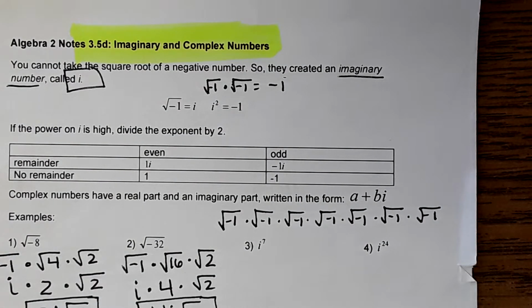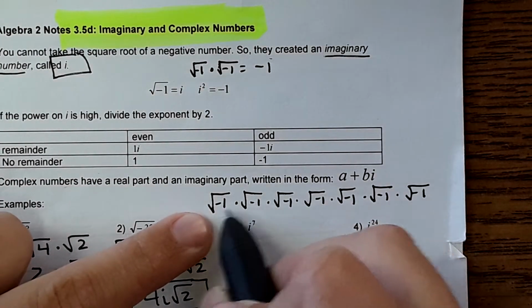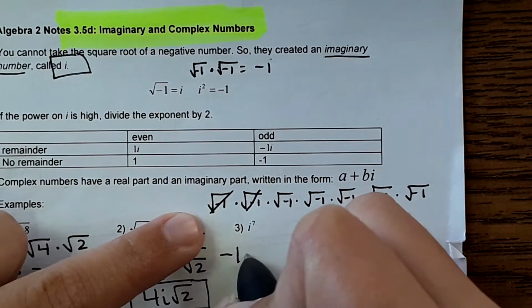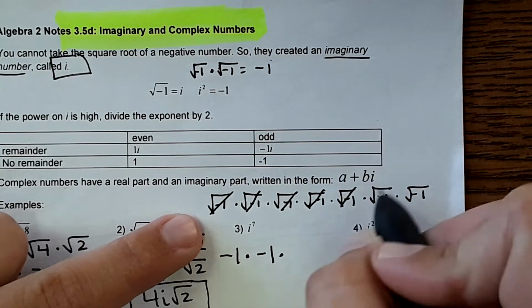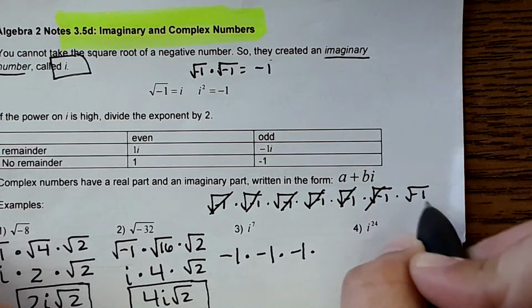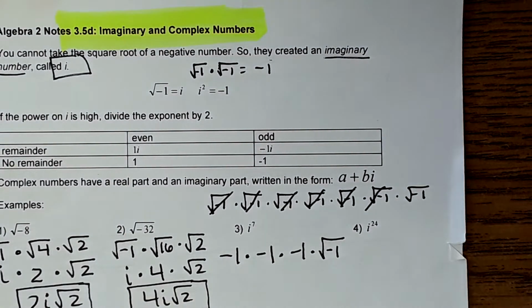Okay. So in simplifying this, the square root of negative 1 times the square root of negative 1 is going to be negative 1, so cross this out. I have negative 1 times negative 1 times negative 1 times, and I can't do anything with this, so I'm just going to leave it as the square root of negative 1.